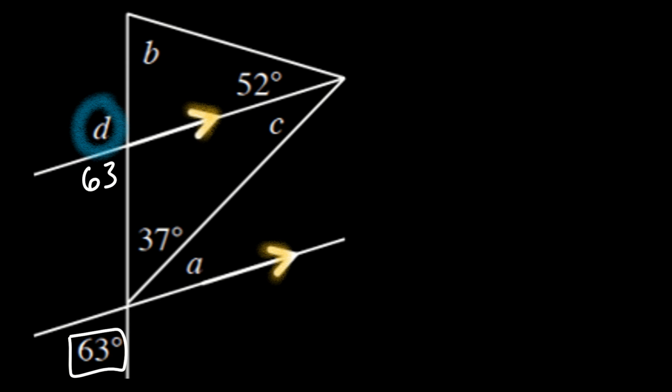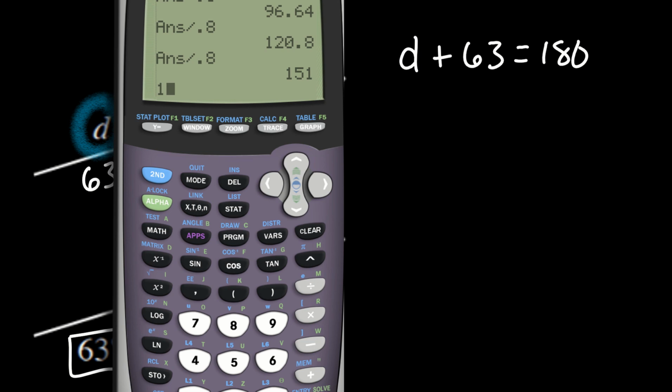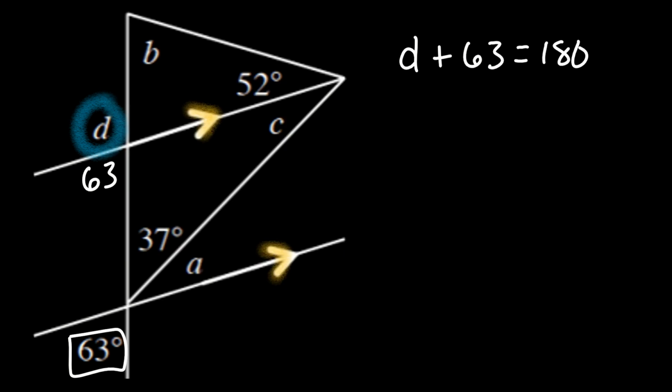So I could say that D plus 63 is 180, and if I take 180 and I subtract from that 63, I get 117. So I believe that the measure of angle D is 117 degrees.